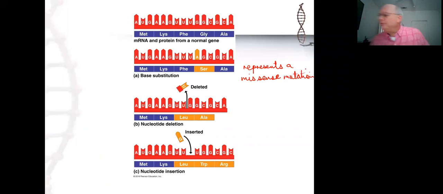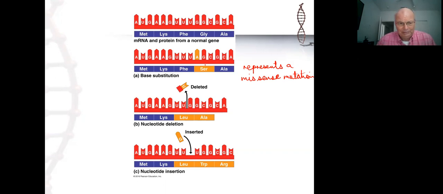And the reason why it's referred to as a missense mutation is because most of the amino acids are present in their correct order. There's just one that has been altered. So this may very well be a fully functional polypeptide. It depends on whether this change has occurred at a significant location.